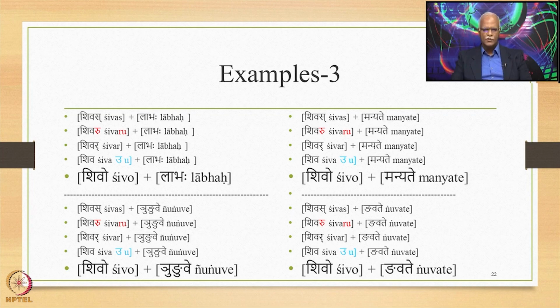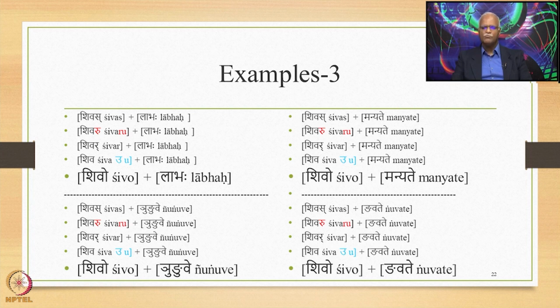Similarly, Shivas plus Yunguve, Yunguve begins with y, so it is part of hush, and so Shivas plus Yunguve will give us Shivo Yunguve as the finally derived output. Similarly, Shivas Manyate being the input, and we get the final output in the form of Shivo Manyate, where ru is substituted by u, and then adgunaha takes place, and a and u are both substituted by o, which is a guna substitute.